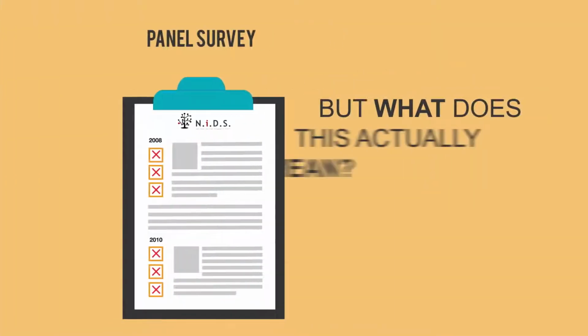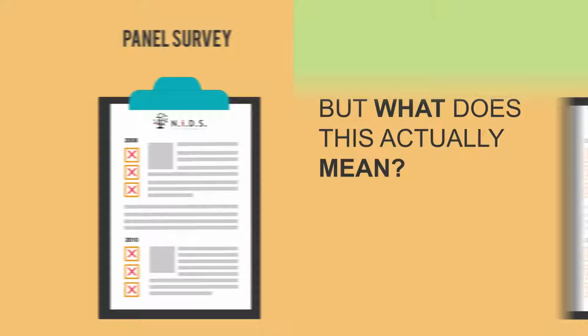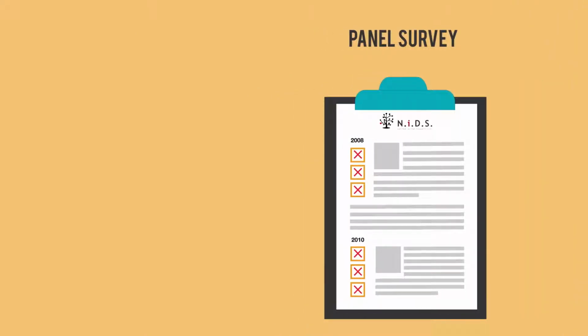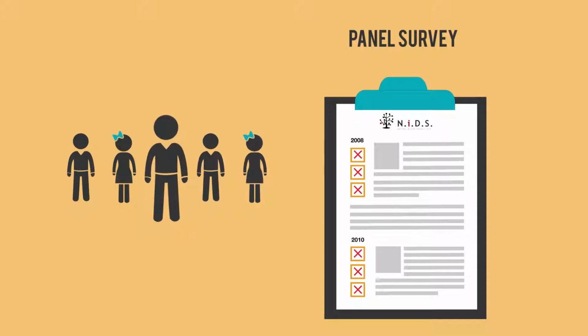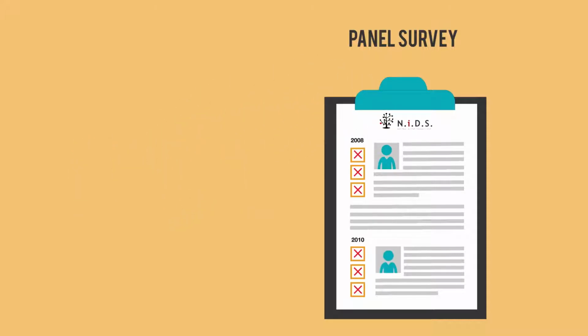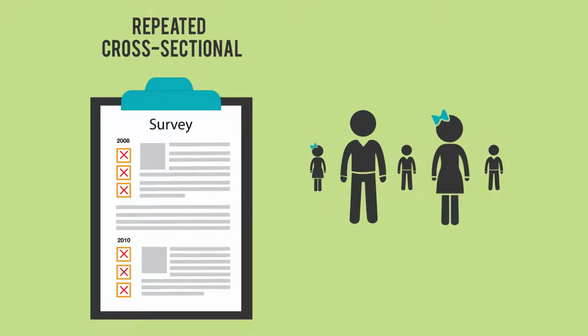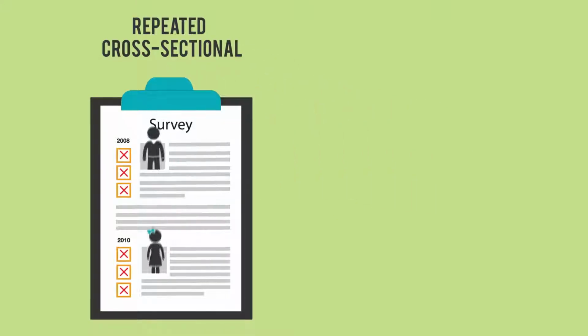We refer to NIDS as a panel survey, but what does this actually mean? And how does it differ to a repeated cross-sectional survey? Panel surveys collect data from the same units of a certain type, for example, firms, households, or people, at 2 or more points in time. On the other hand, repeated cross-sectional surveys collect data from different units of the same type at 2 or more points in time.